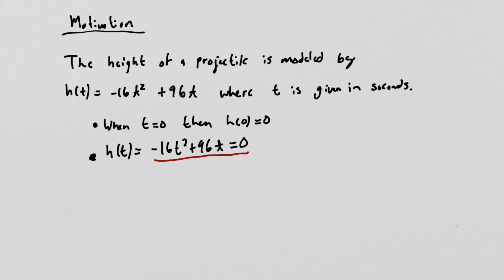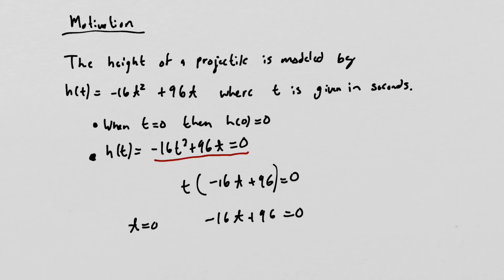So we can go ahead and pull the t out to the left-hand side, and we'll get t times the negative 16t plus 96 is equal to 0. So in one case, we already see that t is going to be equal to 0, and in the other case, we need to find what t is for the following equation. But we can just go ahead and solve for t, and what we'll see is the other value of t is going to be 6.